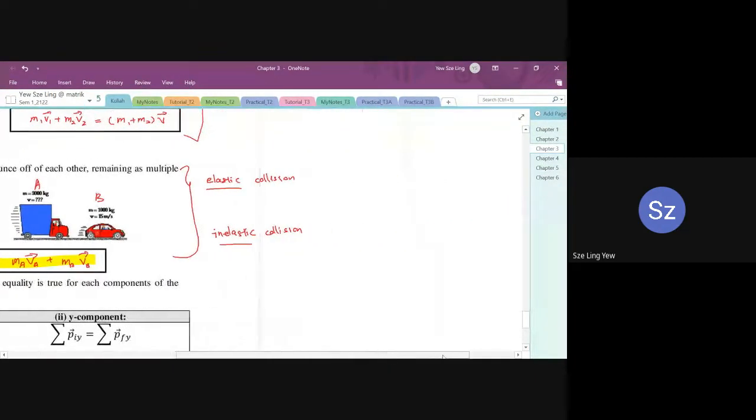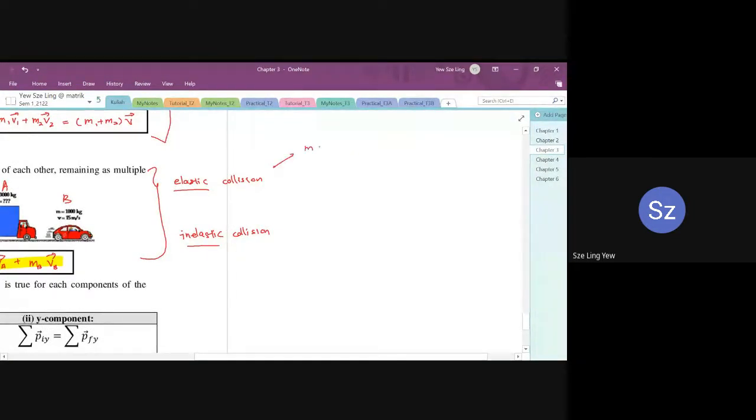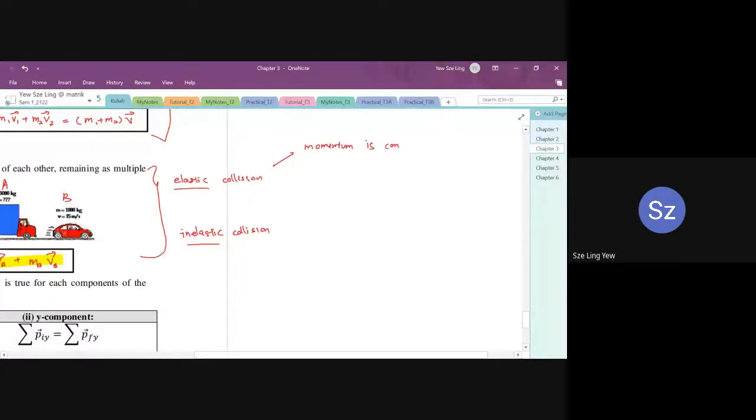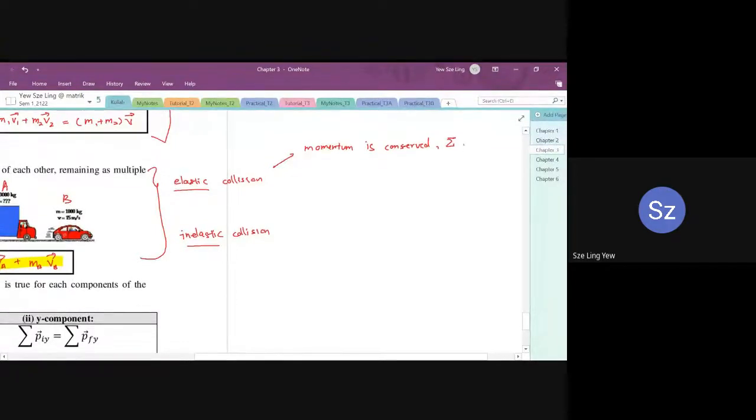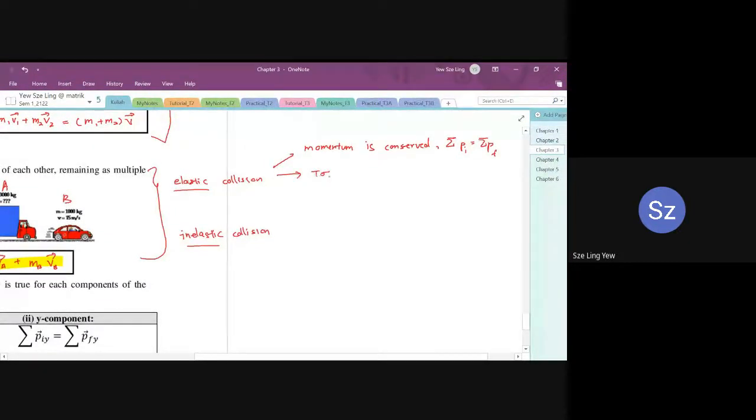When it comes to elastic collision, what can we say about it? First thing, momentum is conserved, which means the sum of P initial equals the sum of P final. The second thing that is conserved is the total energy. Conserved means constant in an isolated system, so total E initial equals total E final.